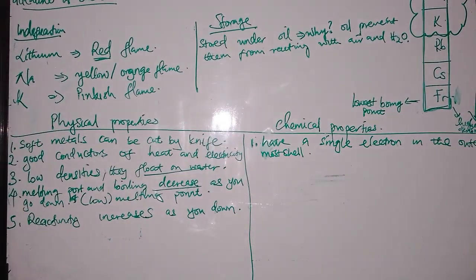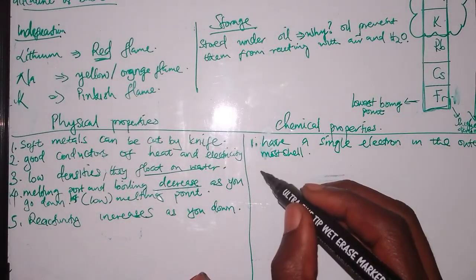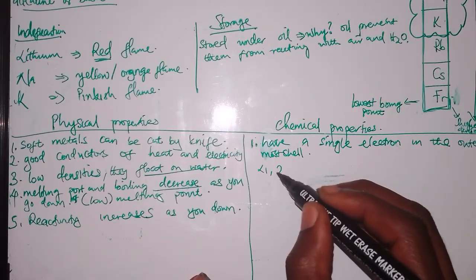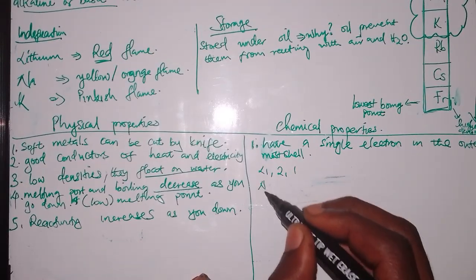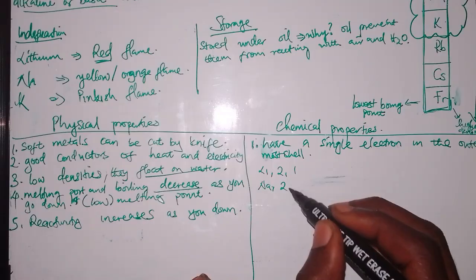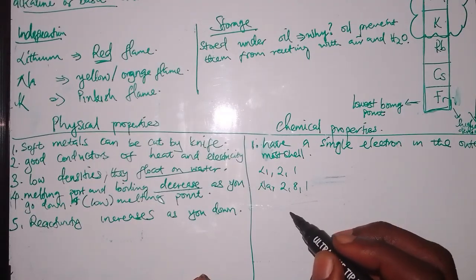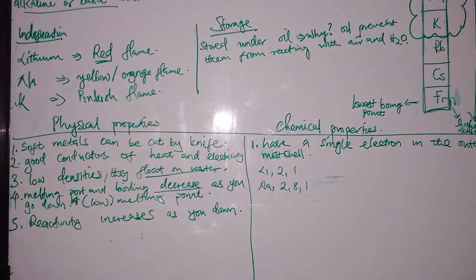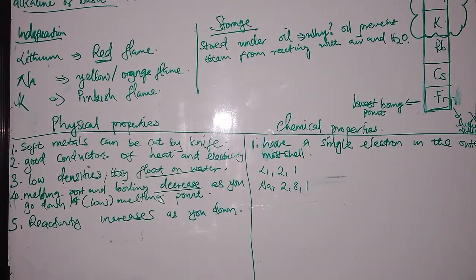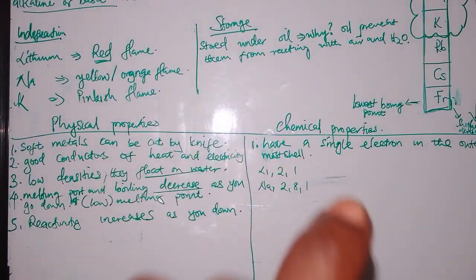So we can have lithium, which has 2,1, and sodium, which has 2,8,1. These are just examples of some elements in group 1 with a single electron.